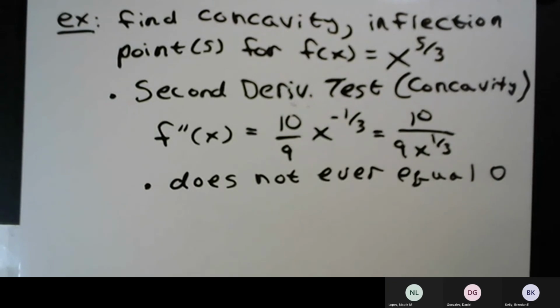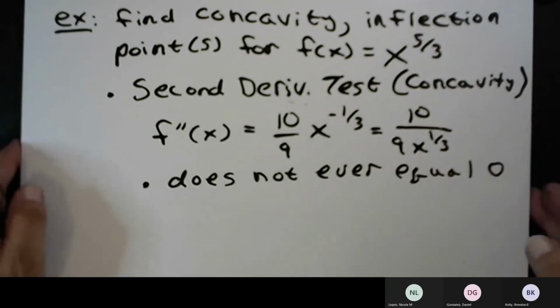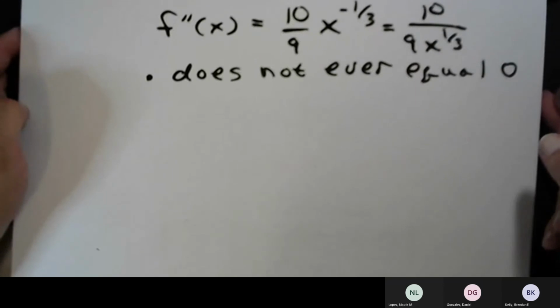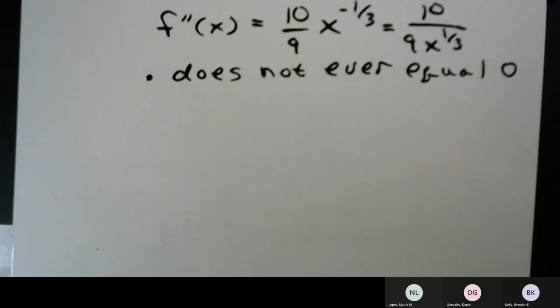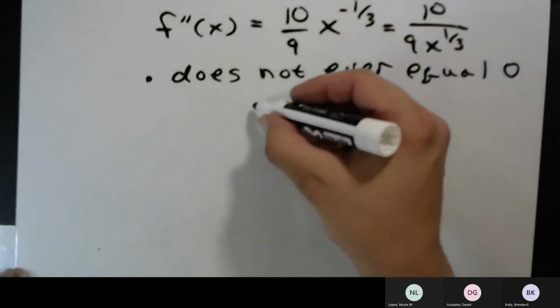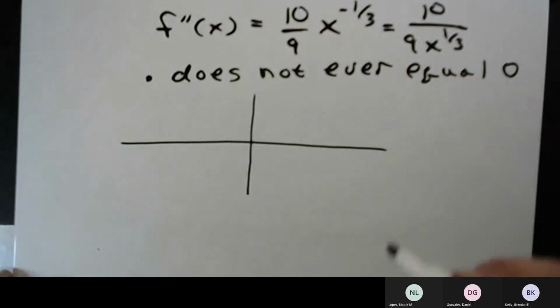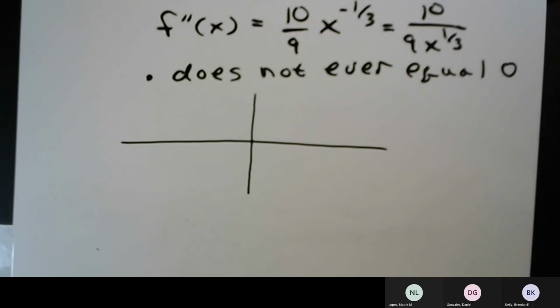Now, the way you could kind of play with this is, well, here, let me show you the graph. This is actually going to probably help best. If you did a graph on this, let me take a look. You're dealing with a multiple of 1 over x to the 1/3.